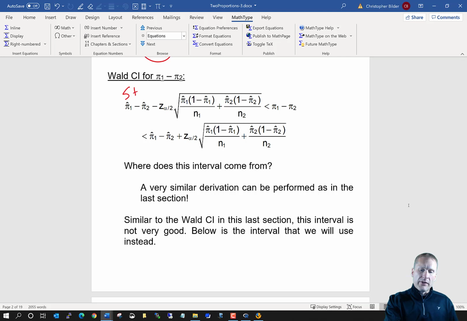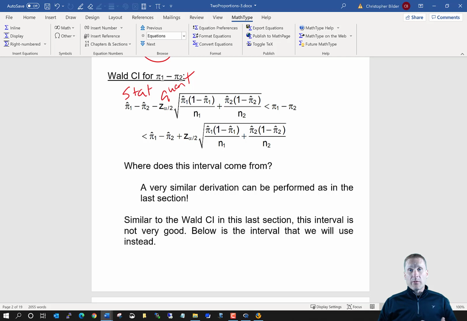So we have the statistic. Here we're actually taking the difference of two different statistics, pi hat 1 minus pi hat 2. We have the quantile from a particular distribution. Well, it just so happens that pi hat 1 minus pi hat 2 has, for a large sample, approximately a normal distribution.